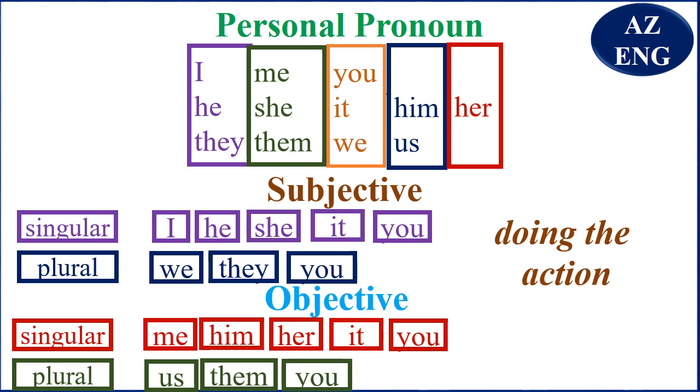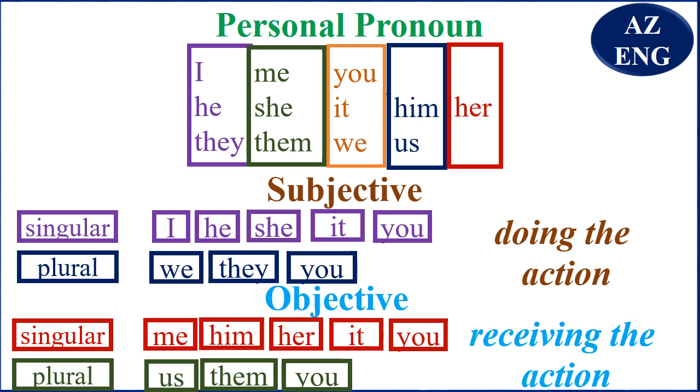So it depends on how you use it. The way you use it tells a person that the you here is plural or singular, a subject or an object. So the objective, we are talking about receiving the action, being the object. So do not get confused.